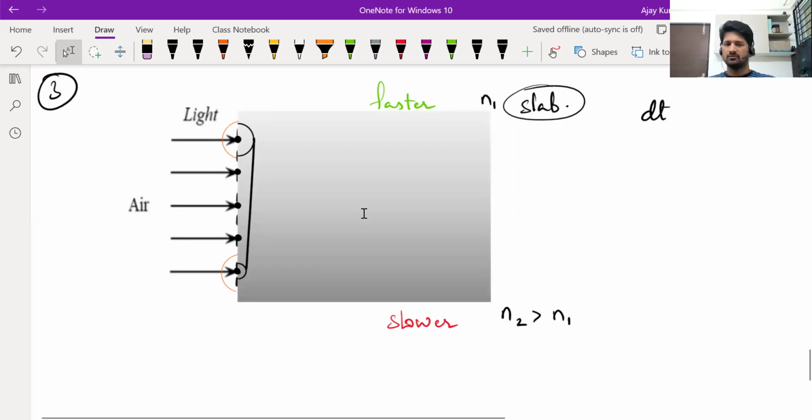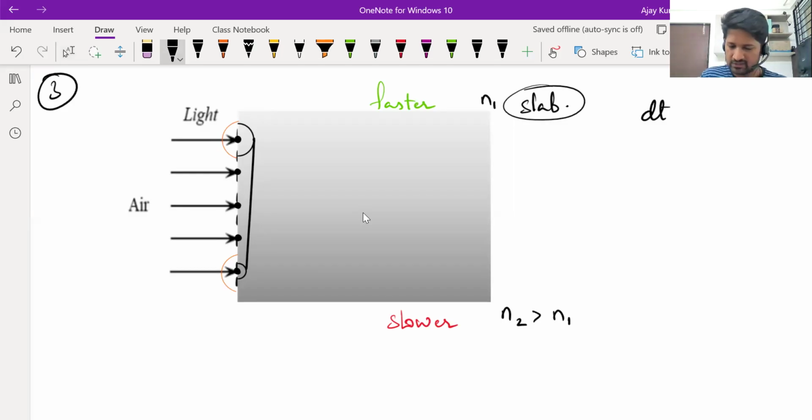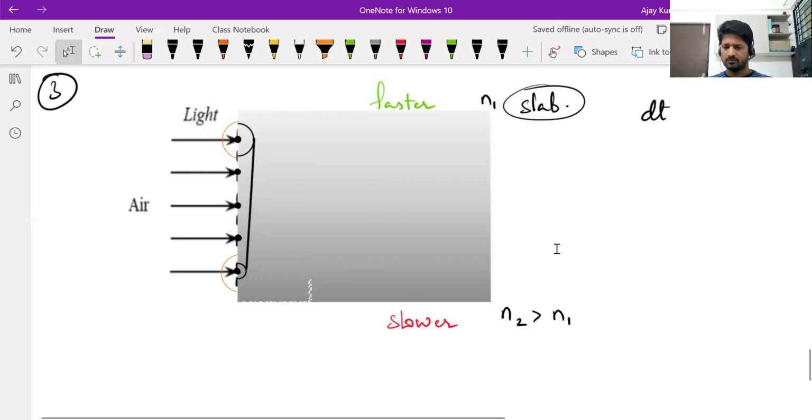Later, it bends further also, because now you have to imagine secondary wavelets again. And you will see that it will bend a little further. I mean, it will keep on bending actually. It won't just bend once and travel straight like this.